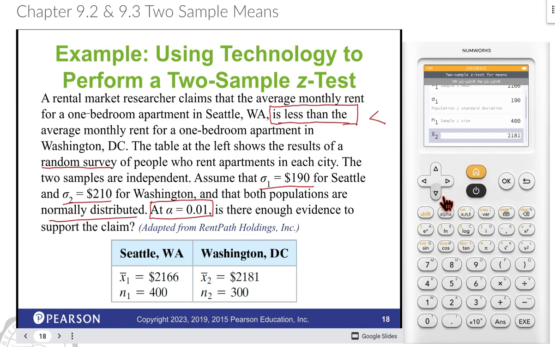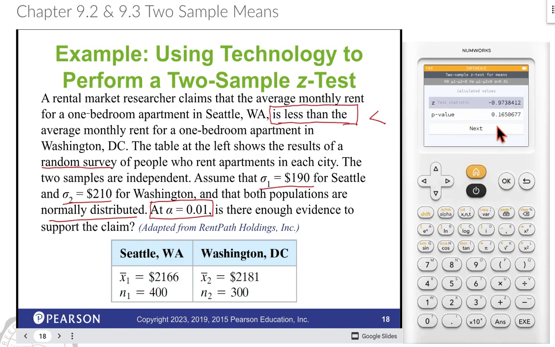And I'll be a little bit more careful to make sure I get it correct. The standard deviation is $210. We got that. And then our sample size is 300. Level of significance is 1%, so we put in 0.01.